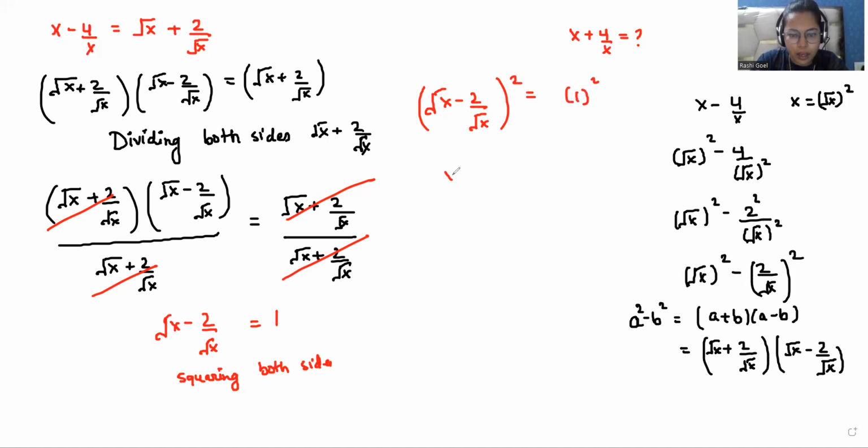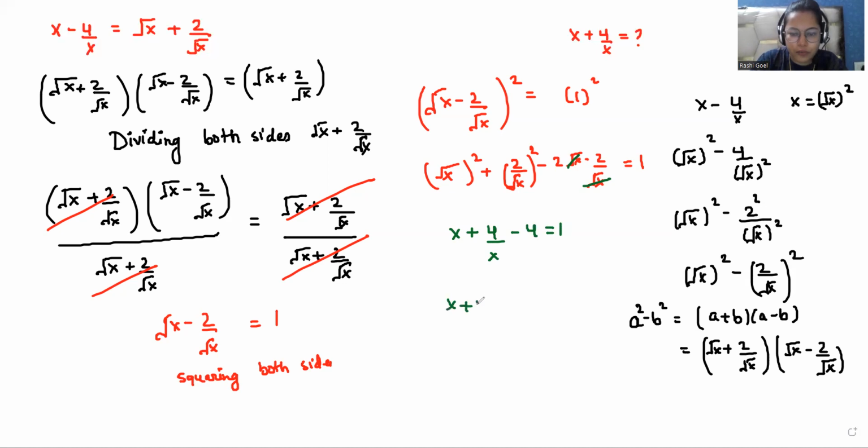So it looks like under root of x square plus 2 over under root of x square minus 2 times under root x times 2 over under root x is equal to 1. Now we eliminate this. So under root of x square is x, plus 2 square is 4 over x, and minus 4 is equal to 1.